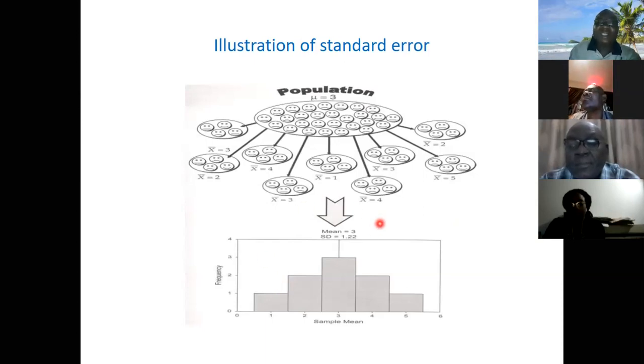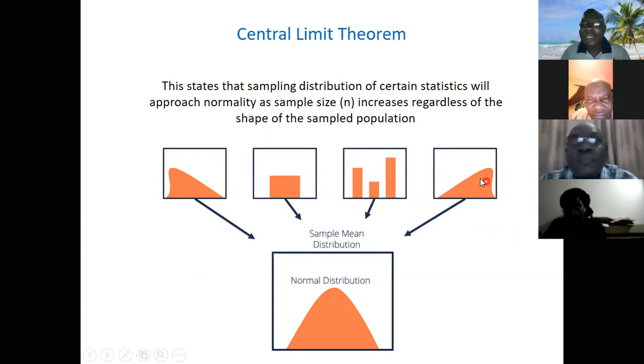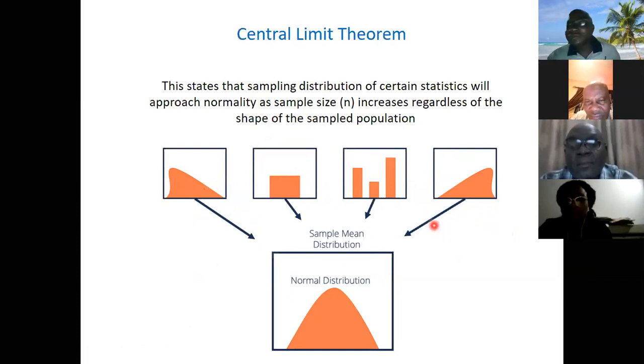It says that irrespective of the type of distribution you are dealing with, whether binomial, chi-square that is skewed to the right or to the left, or not even normal before, the sampling distribution follows a normal distribution when you increase the sample size. Originally the data set does not follow a normal distribution, but the sampling distribution does.